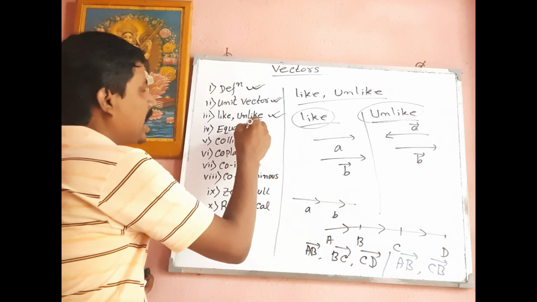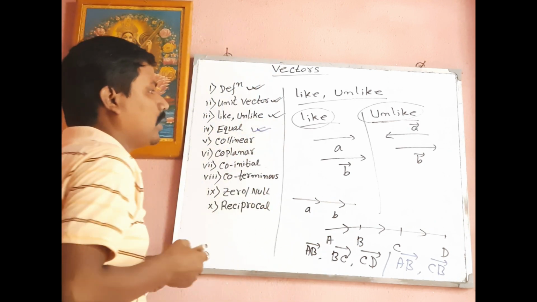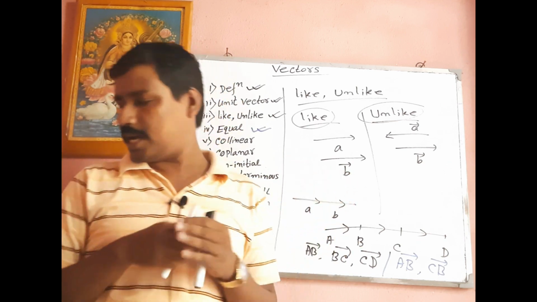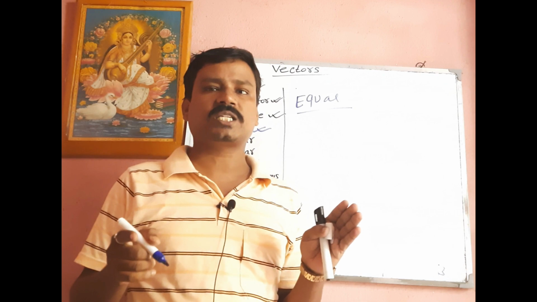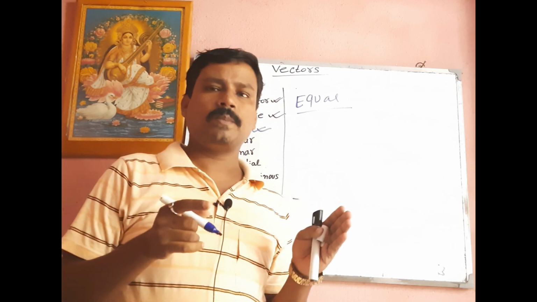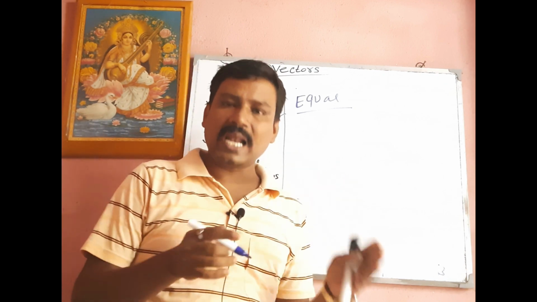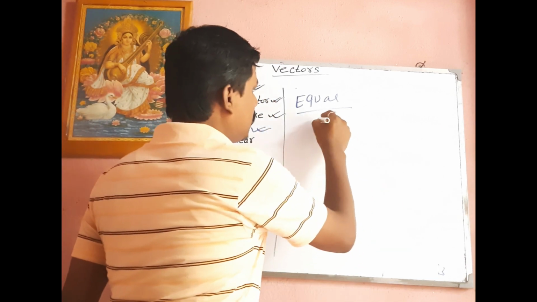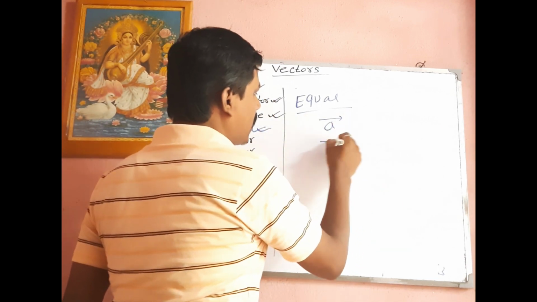Now we move to the next part, that is the equal vector. So two vectors are said to be equal when their magnitude and the direction are the same or parallel to the given vector. So this is the A vector and B vector.